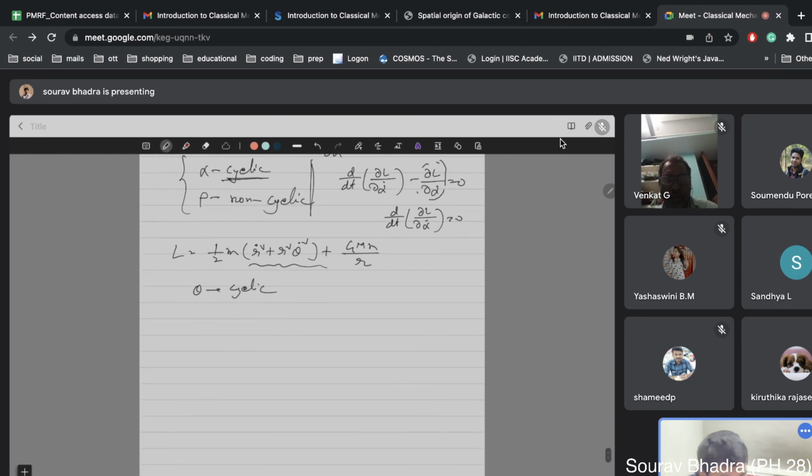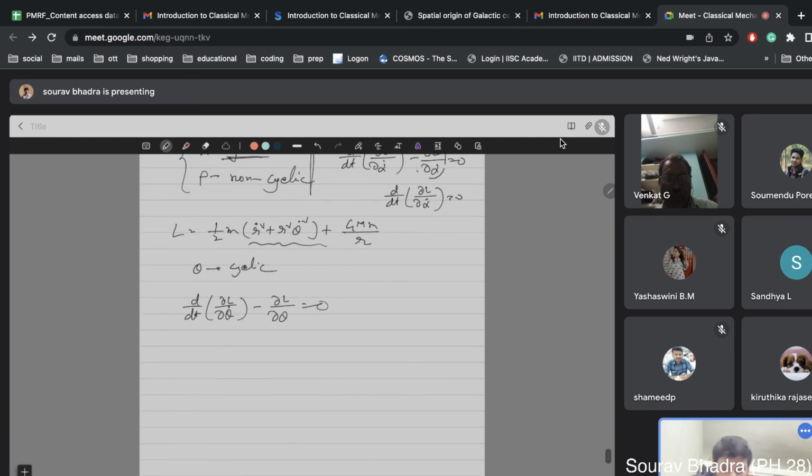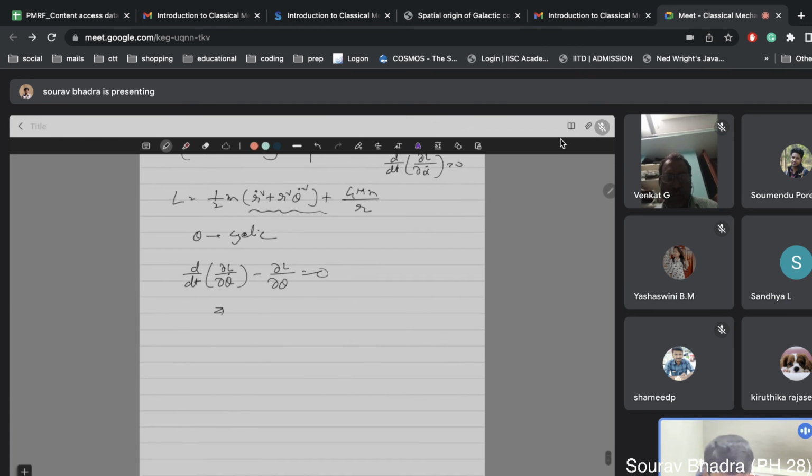Now just use that Lagrangian equation for theta equals 0, put this expression in place of L, and you will find that the conserved momentum will be m r square theta dot, which will be constant. I am not doing that; you can just put the L in this expression and you will find this is the constant.